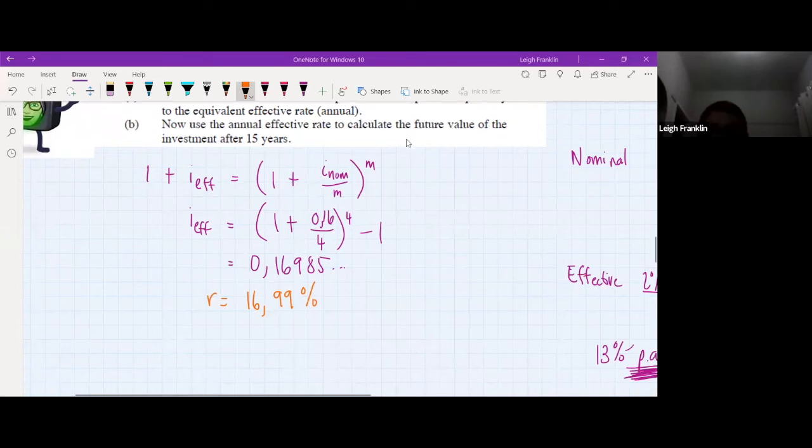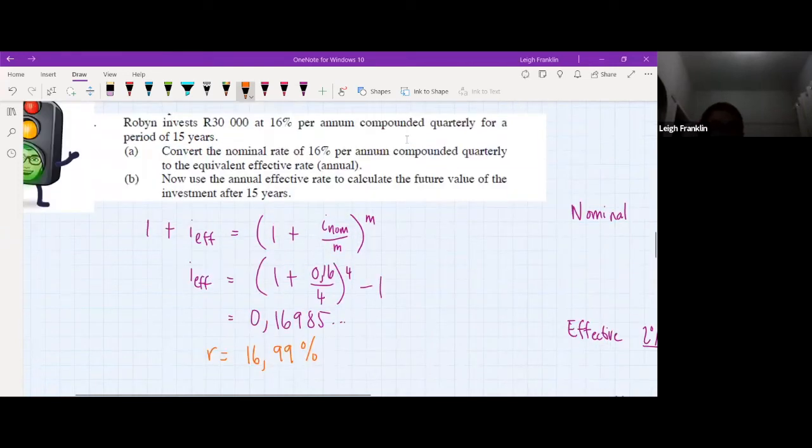Now they want us to use the annual effective rate to calculate the future value of the investment after 15 years. Just be careful, they do not mean future value as in the future value formula. They mean A, the accumulated amount.